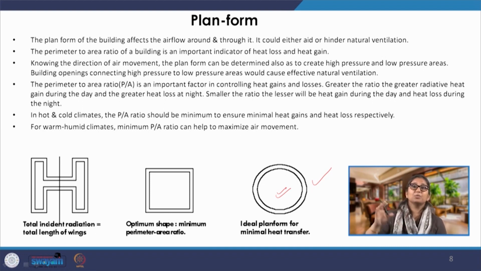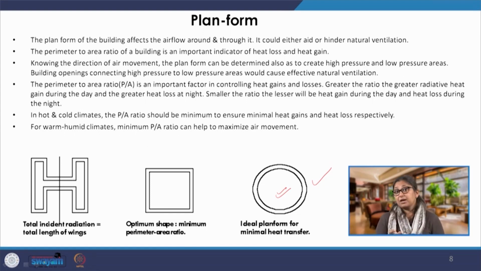You can look at bhungas from Rajasthan, you can look at the Kutch houses, they are all circular, because it reduces the amount of heat that is coming in through direct solar radiation, and on top of that we add other design features such as shading and other things.